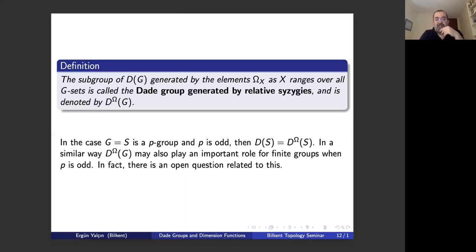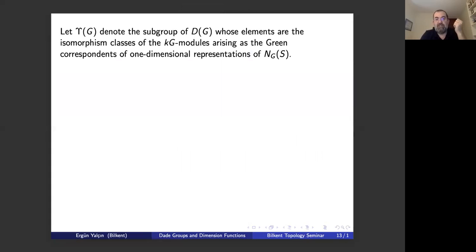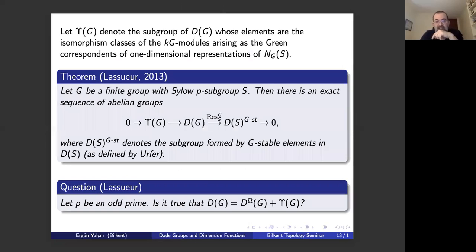Unfortunately, for finite groups, even this is not clear. For finite groups with the prime being an odd prime, there is an open question, at the end here. The open question asks if D(G) equals D^Omega(G) up to these Gamma(G)'s. Gamma(G) is the kernel of the homomorphism from Lassueur's definition of the Dade group to Urfer's definition of the Dade group.